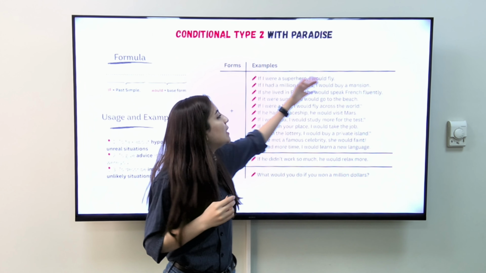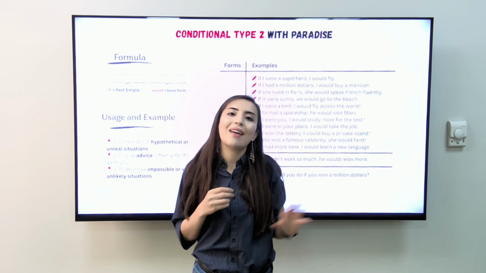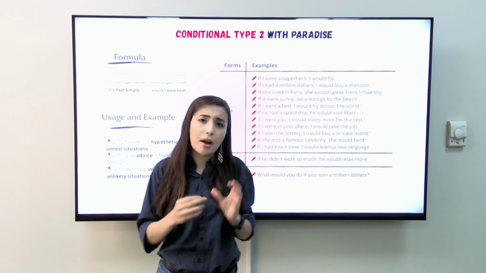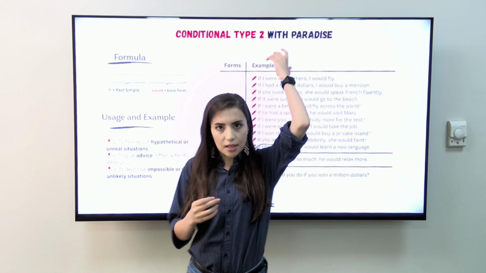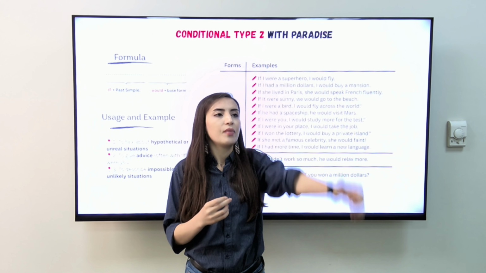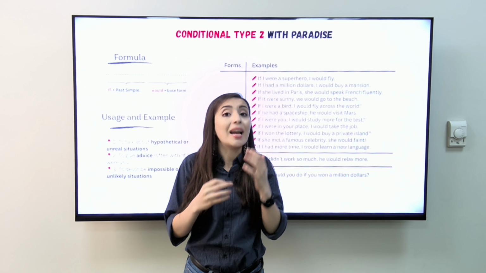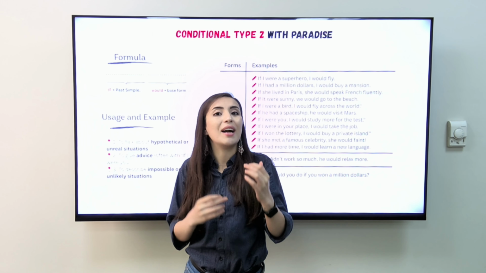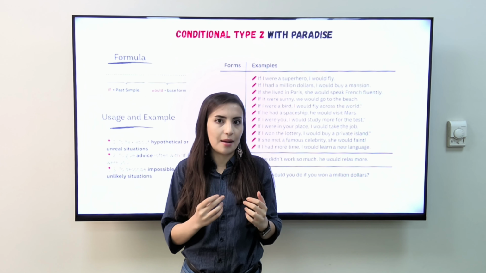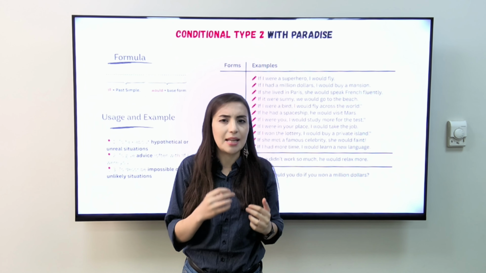So you see, with these examples, you have a better understanding of what conditional type 2 is. So I highly recommend you provide your own examples. Try to make as many examples as you can.